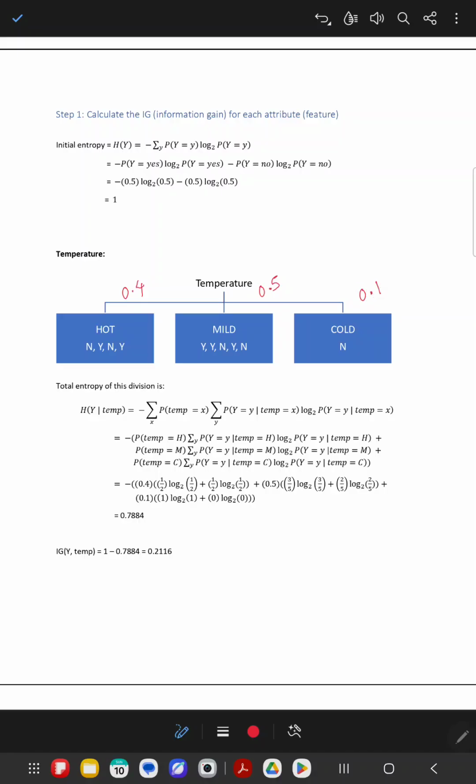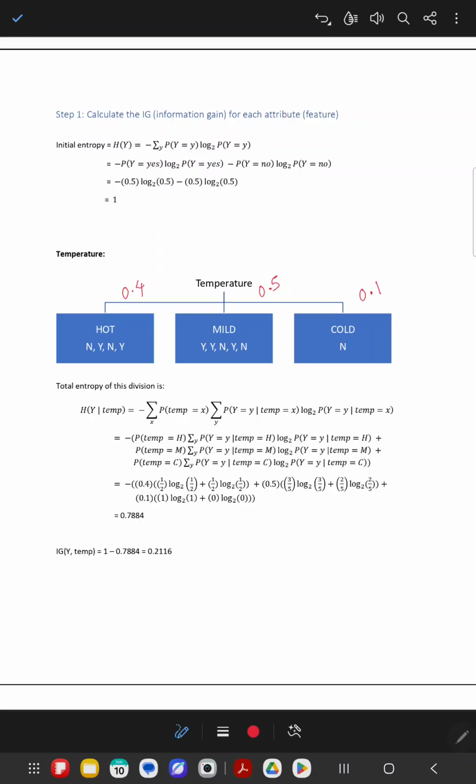Okay, so therefore the weightage of the entropy, when we'll calculate the total entropy of the temperature, the weightage of the hot temperature rows will be 0.4, the weightage of the mild temperature rows will be 0.5, and the weightage of the cold temperature rows will be 0.1.